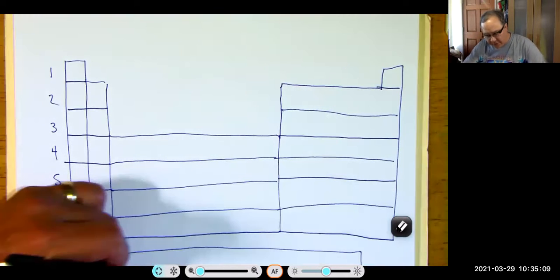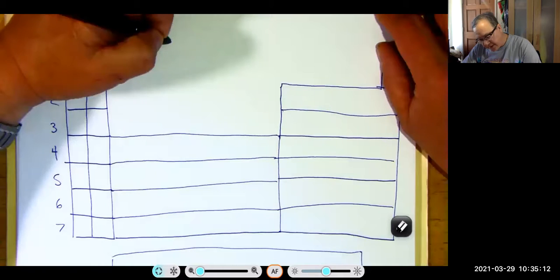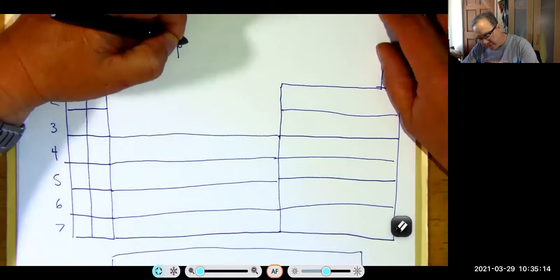Okay, so you want to, this is the block method, SPDF block method.